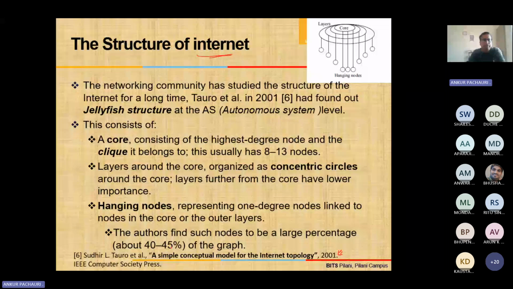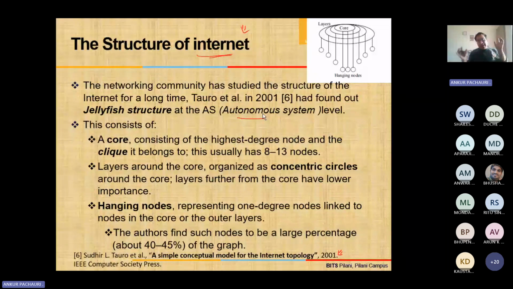So in a simple conceptual model of the internet, what they did is they performed web scraping on the internet, on those autonomous systems, based on the intermediate connections, the switches, routers, and servers and all. They arranged the degrees of those intermediate components in the internet, and they observed one thing.